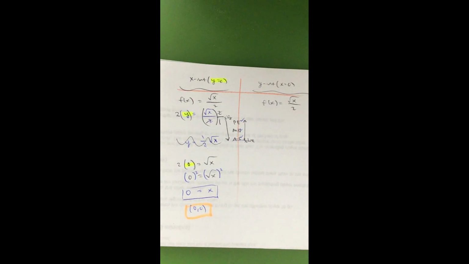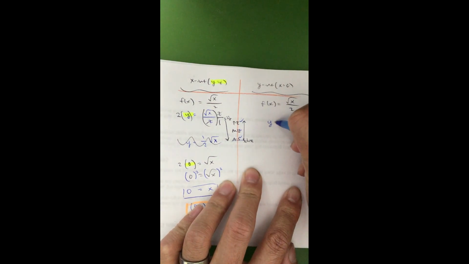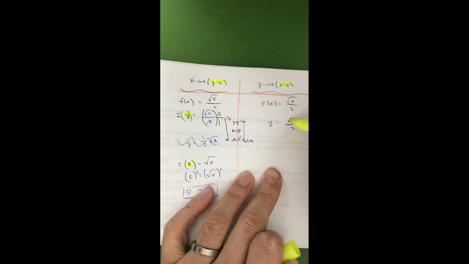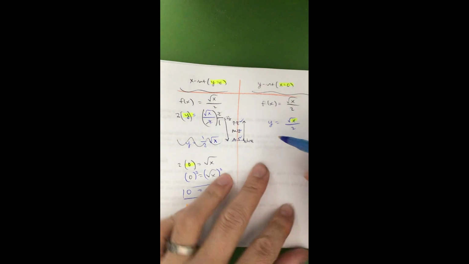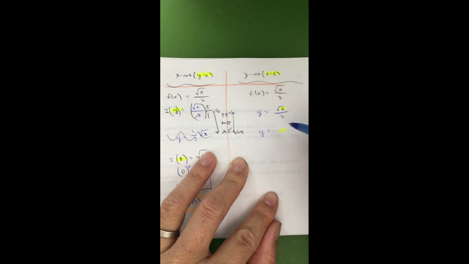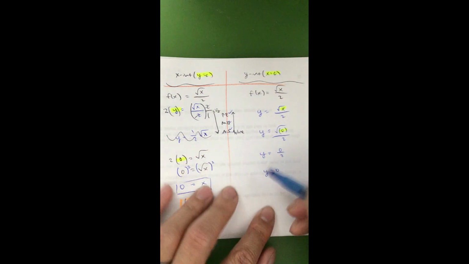Let's find the y-intercept here. Same thing. y equals square root of x divided by 2. This time I'm going to make x equal 0. So I have y equals the square root of 0 divided by 2. The square root of 0 is 0, and 0 divided by 2 is 0.